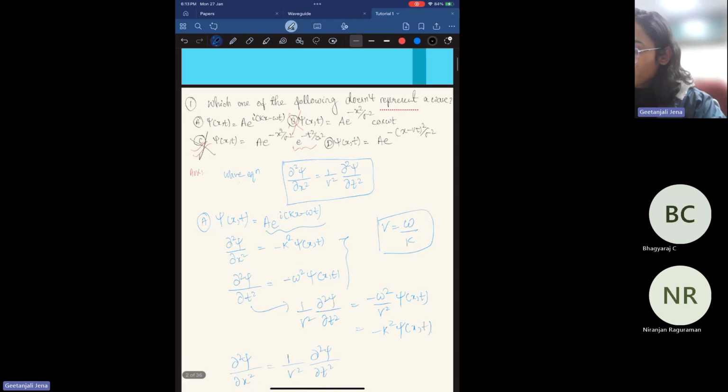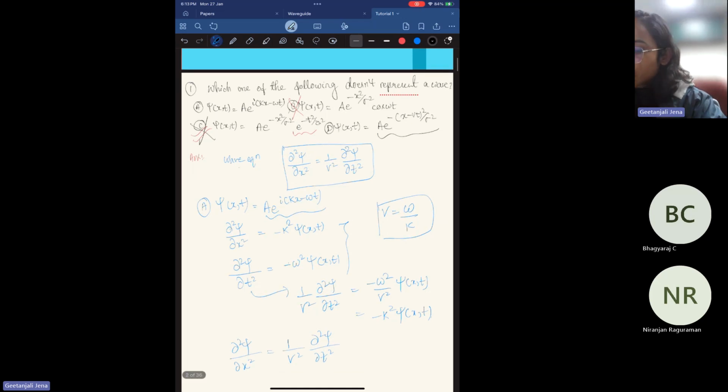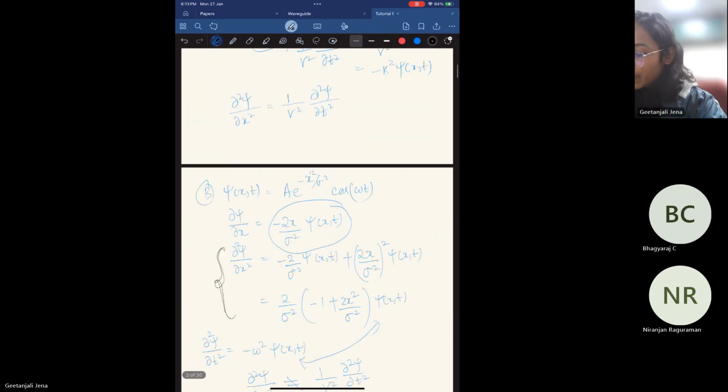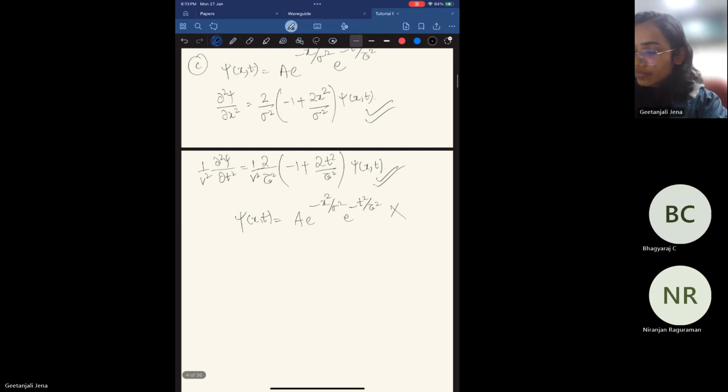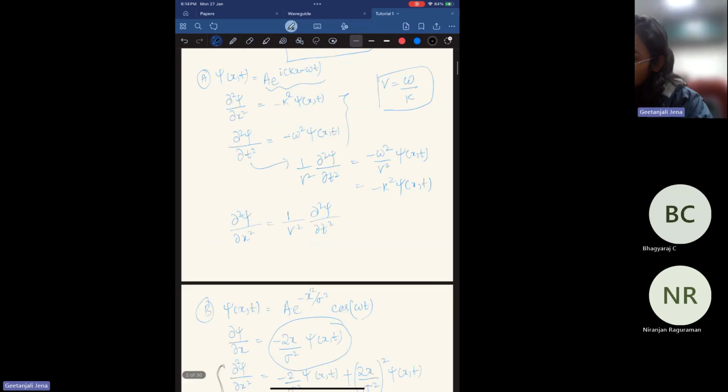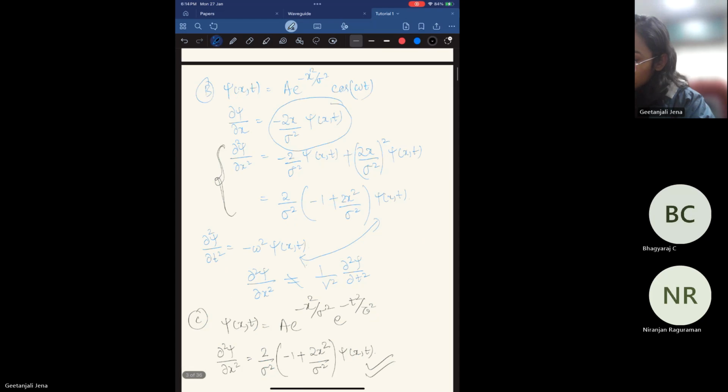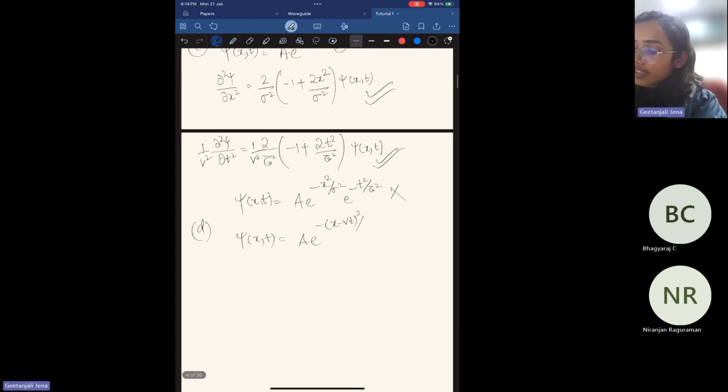So if you see the D part, it has a square term, but it's like x minus vt whole square. So instead of the separate terms like here, we have the combined term. Now if you calculate it, it is e to the power minus x minus vt square by sigma square.